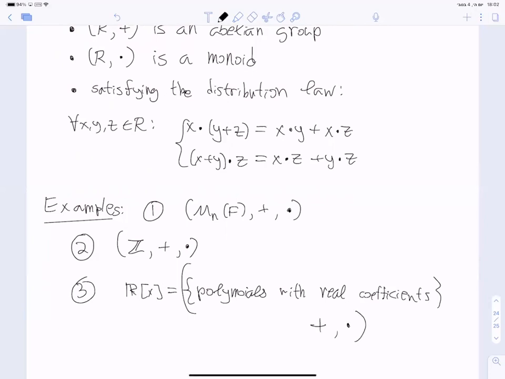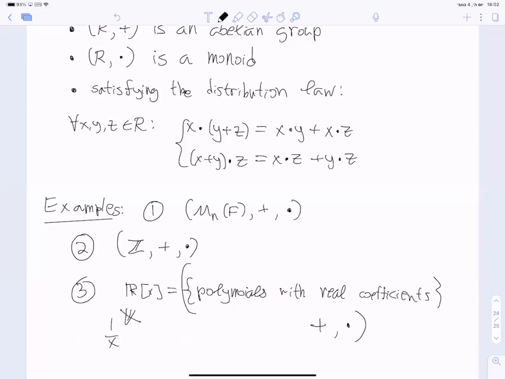So why is it an abelian group with respect to plus? Because any polynomial, you take its minus. But with respect to multiplication, the inverse is not a polynomial, so it does not belong.